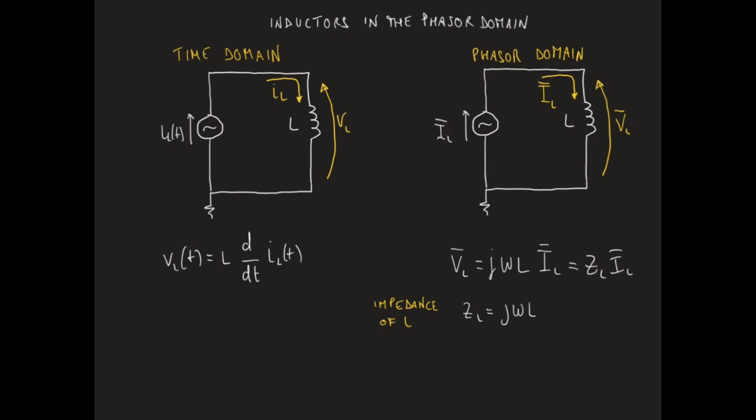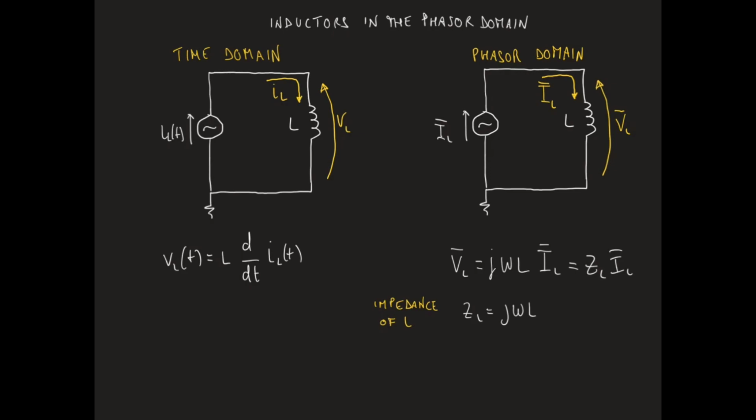In this form, as we saw for the capacitor, the relationship is very similar to what we already know as Ohm's law, with the voltage obtained by multiplying the current by the impedance ZL. So, again, the equation we have worked out can be seen as an extension of Ohm's law in the phasor domain.